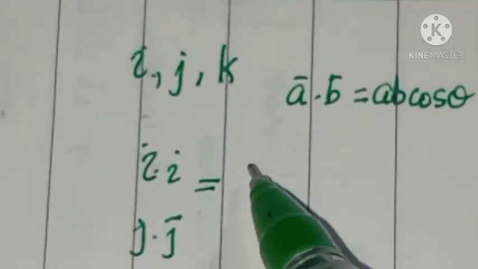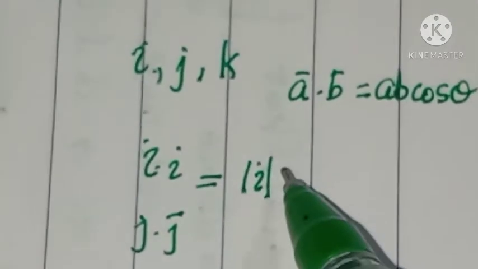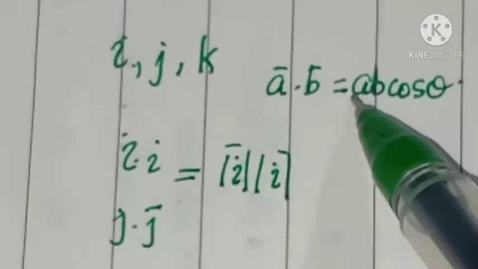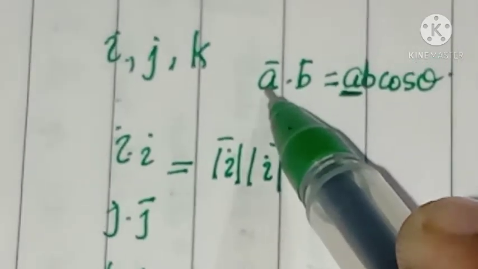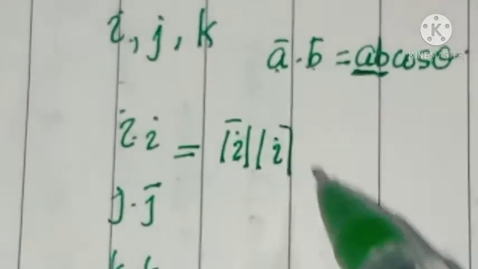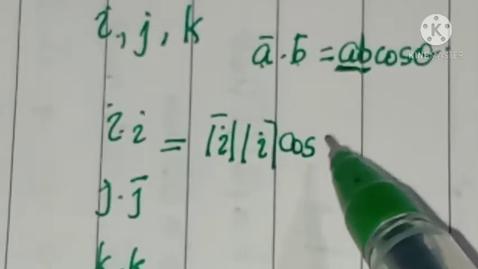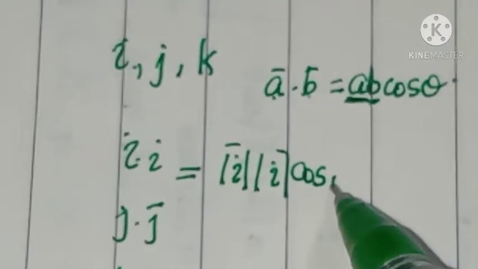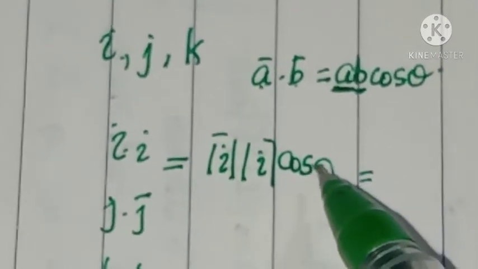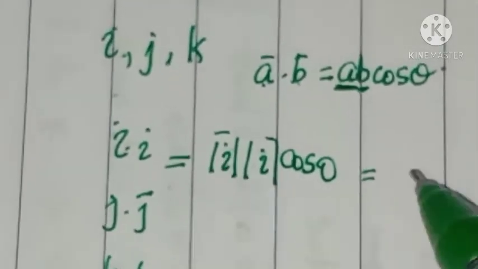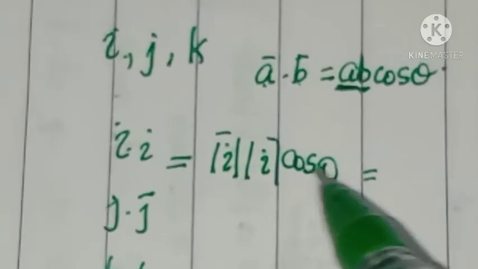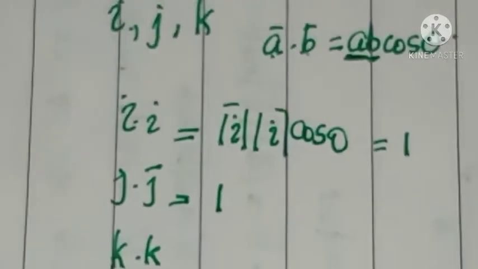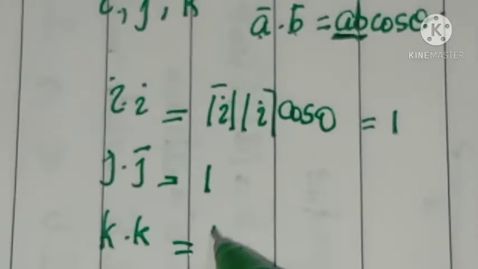So i dot i is magnitude of vector i into magnitude of vector i into cos theta. What is the angle between two same vectors? It is 0. Cos 0 is 1. Now magnitude of a unit vector is 1. So 1 into 1 into 1, 1. Similarly, j dot j is equal to 1. k dot k is equal to 1.